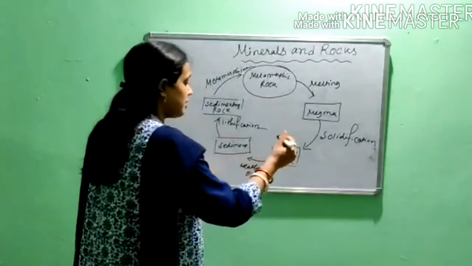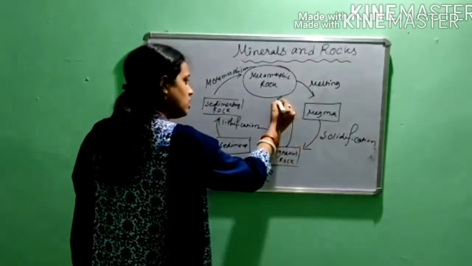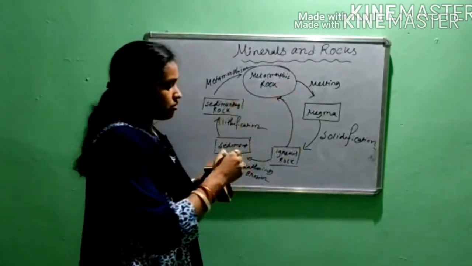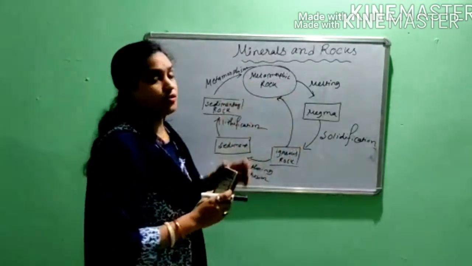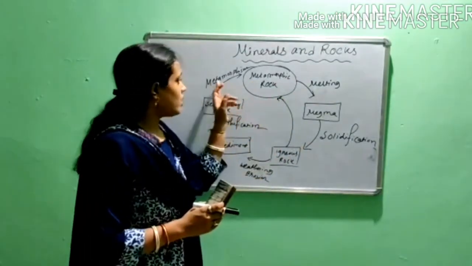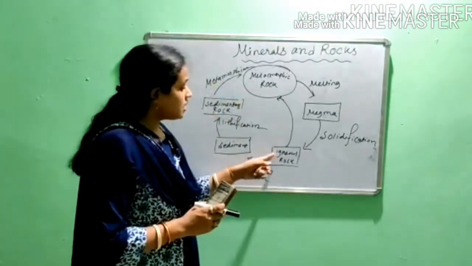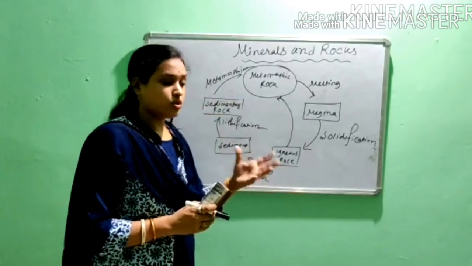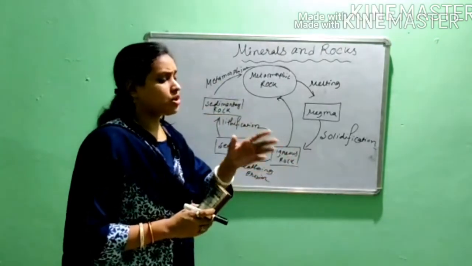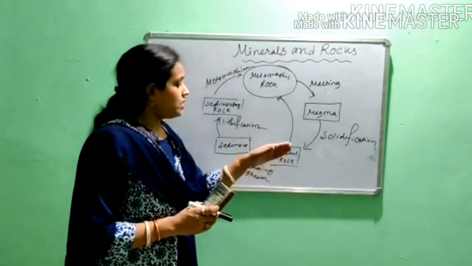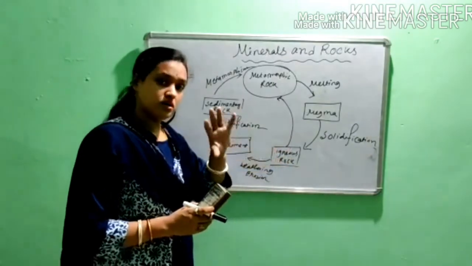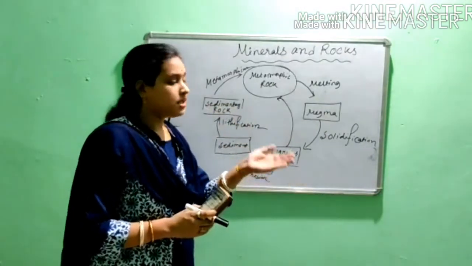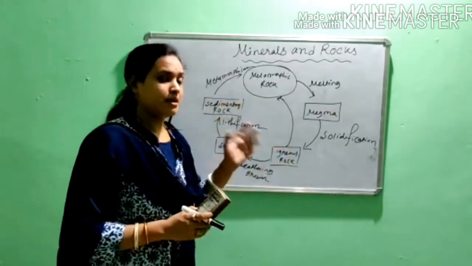In this way, igneous rock also transforms into another rock, which is known as metamorphic rock, through the process of metamorphism. It means if igneous rock changes its form through volume, temperature or pressure, then we call it metamorphic rock.